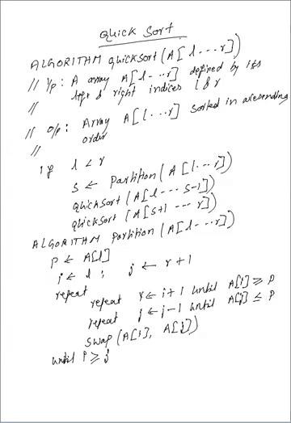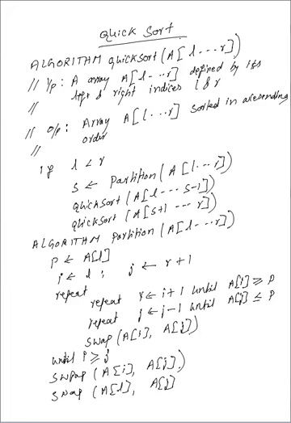Once I is greater than or equal to J, swap A of I, comma A of J, again swap A of L with A of J, return J.